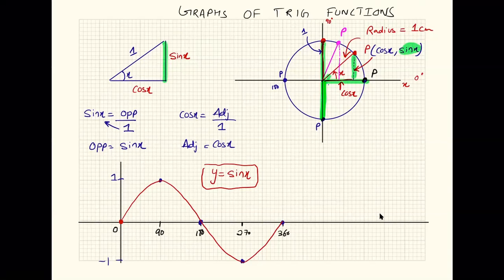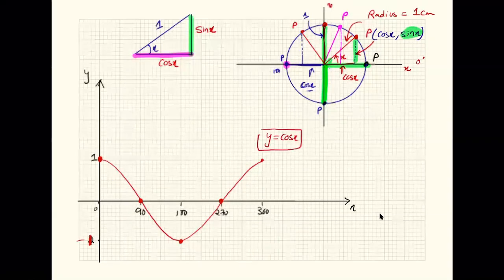Then at 270, it reaches -1. And at 360, it comes back to 0. However, the cos x graph starts from 1, comes down to 0 at 90 degree, then this function has a value of -1 at 180 degree, then travels up, gets 0 at 270 degree, and the function has a value of 1 again at 360 degree.